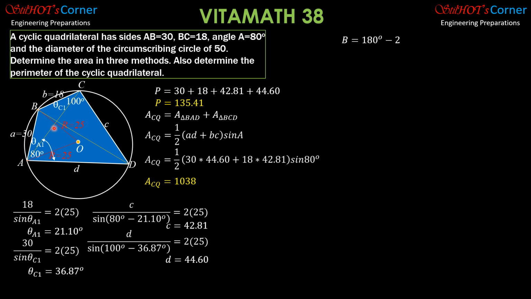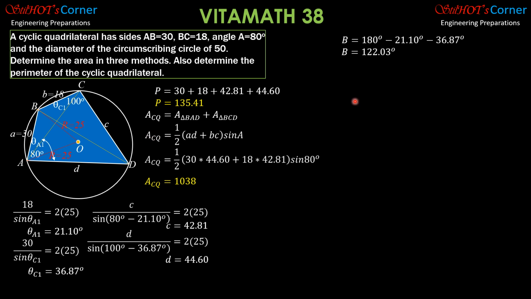So if we call this theta, by the way, angle B is, as mentioned earlier, 180 degrees minus theta A1, 21.1, minus theta C1, which is 36.87 degrees. So angle B is 122.03 degrees. So there's no need to use angle D. It is the supplement, 180 degrees minus 122.03 degrees, and that is 57.97 degrees. But anyway, that's not needed.